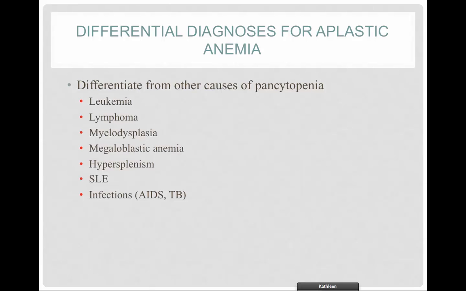We want to make sure, is this leukemia, lymphoma, myelodysplastic disease of bone marrow that does not function normally, megaloblastic anemia, an enlarged spleen, lupus, or infection. So megaloblastic anemia, the common cause of that most often is a deficiency in vitamin B12.